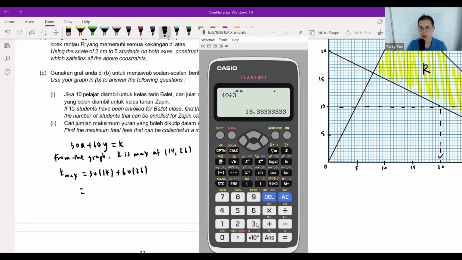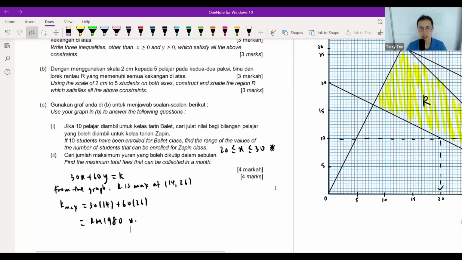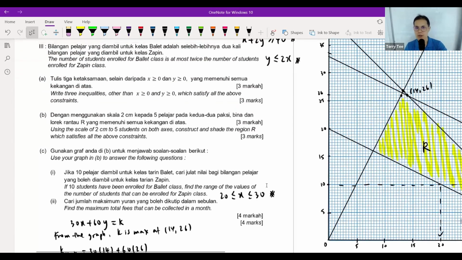So we take 30 times 14 plus 60 times 26. You will get 1,980. I think the answer given is a little bit different because they used 13, 26. I think 14, 26 is actually more accurate. Okay, so that's your answer.